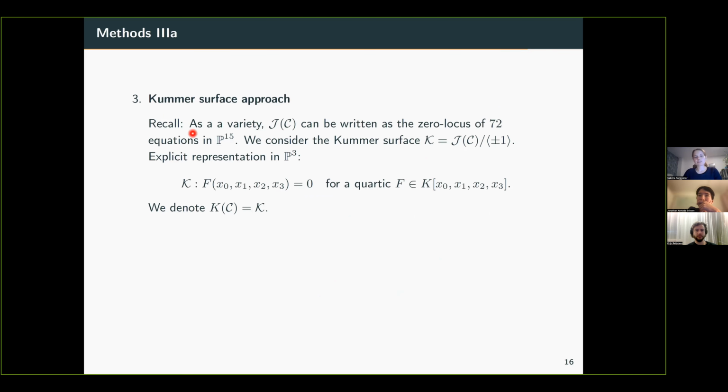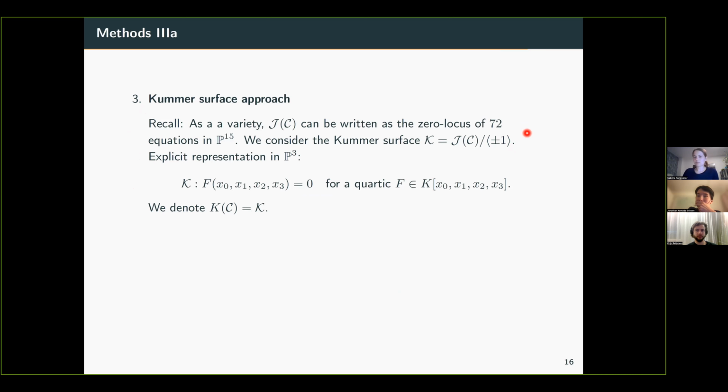And then there was also the representation of the Jacobian as a variety in the 15-dimensional space. While this is computationally maybe not very helpful, there is another variety that one can associate to the Jacobian, and that's the so-called Kummer surface, which is obtained by taking the quotient by the action of multiplication with -1.